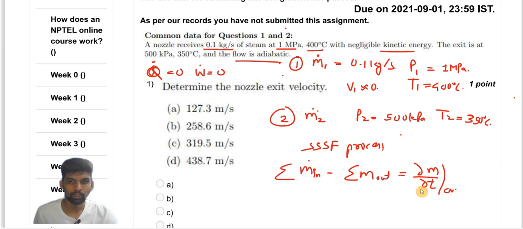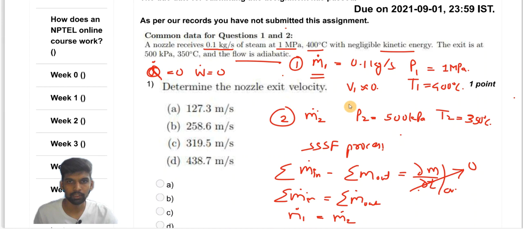Since we are assuming steady state steady flow process, it will become 0, and summation of m dot in is equal to summation of m dot out. Since it is a nozzle, only one inflow is there, which is nothing but m dot 1, and which will be equal to m dot 2, which is exit. So here m dot 2 is equal to m dot 1 from mass balance.